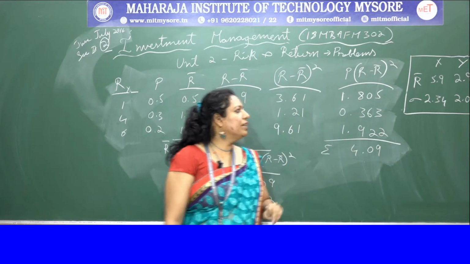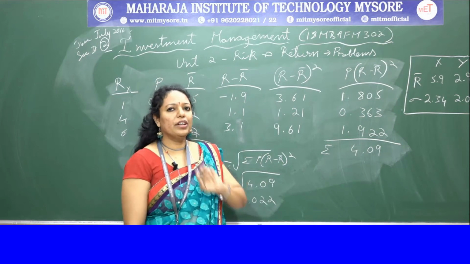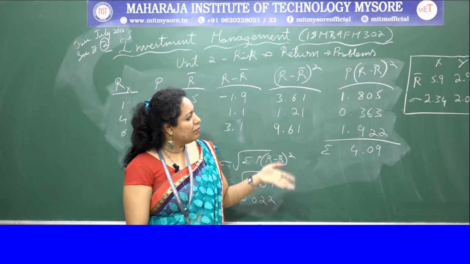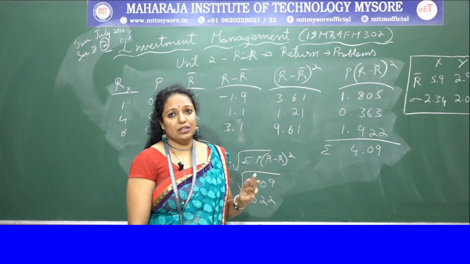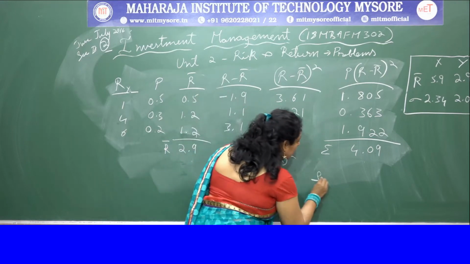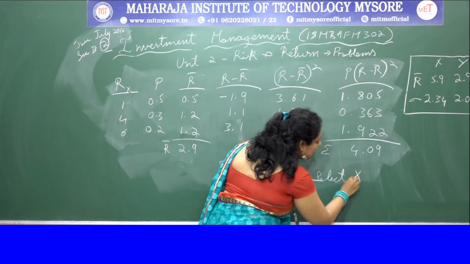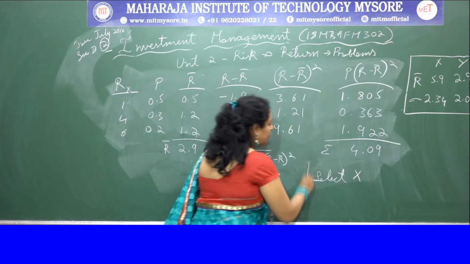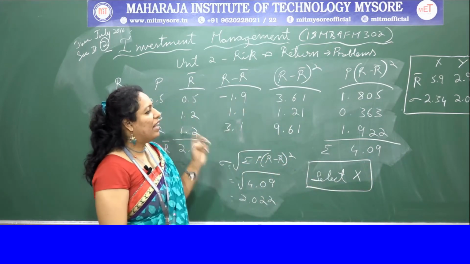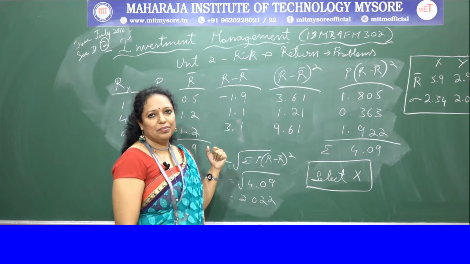Risk is differing only by 0.32%, whereas return is differing by 3%. So when you compare this, you have to select X security. When you prepare a table and do this comparative analysis, you have to select X security.